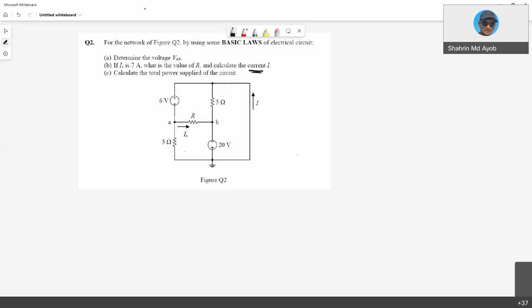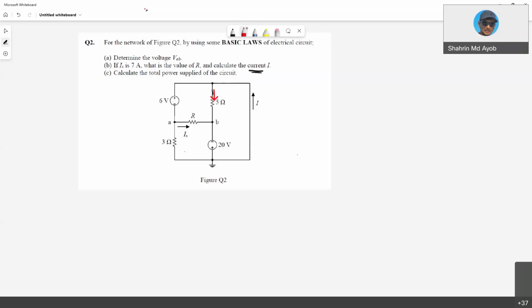To calculate this current, what I need to do is to identify the direction of the current. So just assume. For example, I assume the direction of the current is like this.